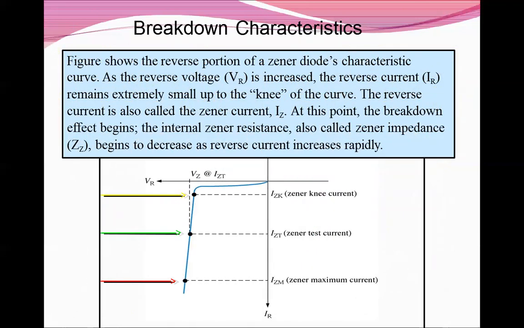In the breakdown characteristics, you can see the reverse portion of the diode's characteristic curve. When the reverse voltage is increased, the reverse current remains extremely small up to the knee of the curve. The reverse current is also called Zener current. At this point, the breakdown effect begins. The internal Zener resistance, also called Zener impedance, begins to decrease as reverse current increases rapidly.